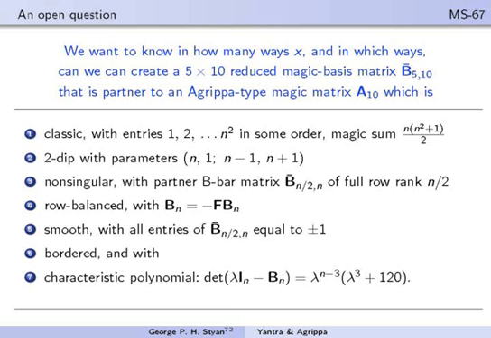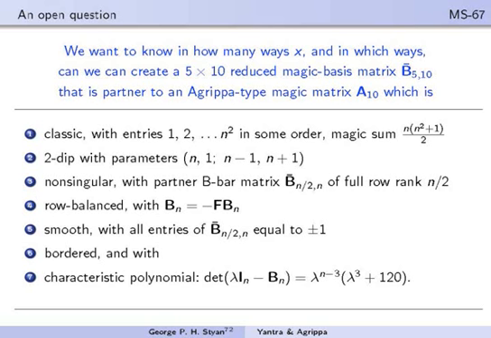In how many ways, call it X, and in which ways can we create a 5x10 reduced magic matrix B-bar 5,10 that is partner to a classic non-singular two-dip smooth Agrippa-type magic matrix A10 that satisfies our 7 desiderata?